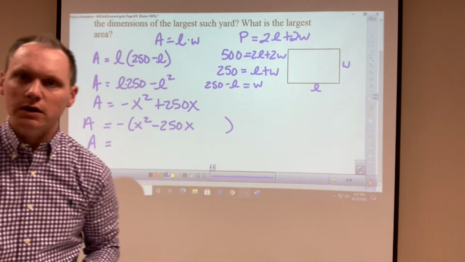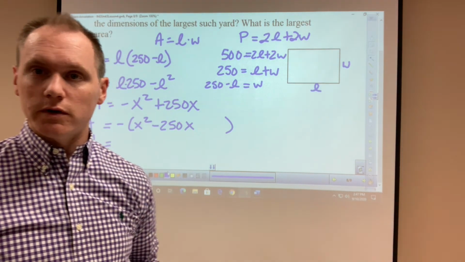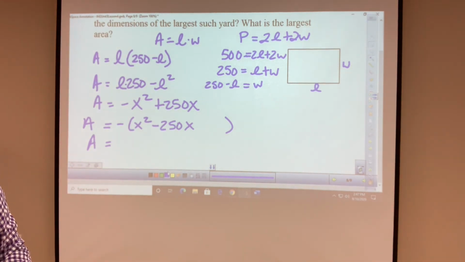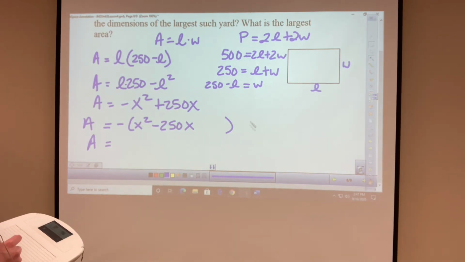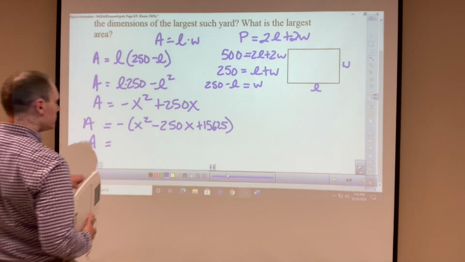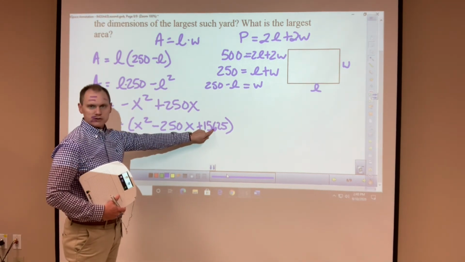So 250 divided by 2 is 125. And of course 125 squared is 15,625. But really, it's not just 15,625.